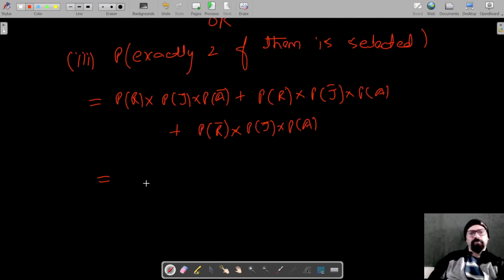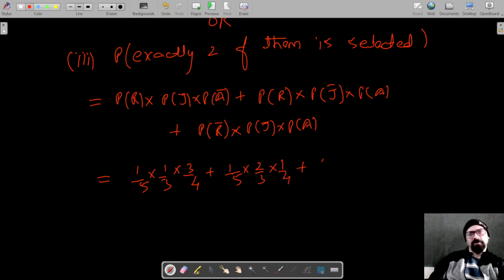Now the probability of Rohit getting selected is 1 by 5, Jaspreet getting selected is 1 by 3, and Alia not getting selected is 3 by 4. Then 1 by 5, Jaspreet not getting selected is 2 by 3, Alia getting selected is 1 by 4.